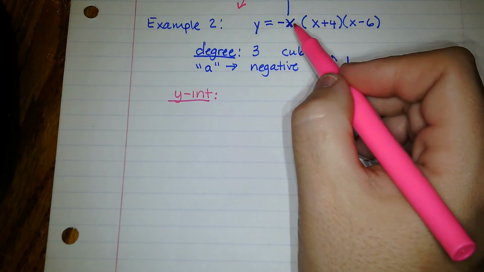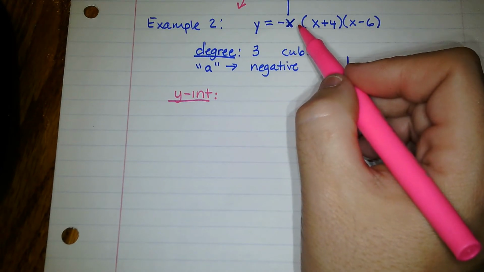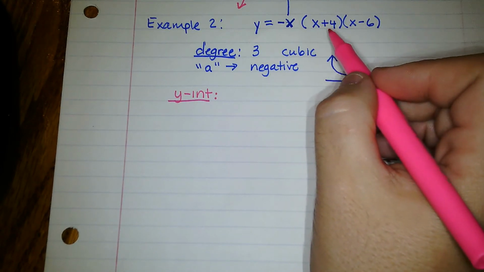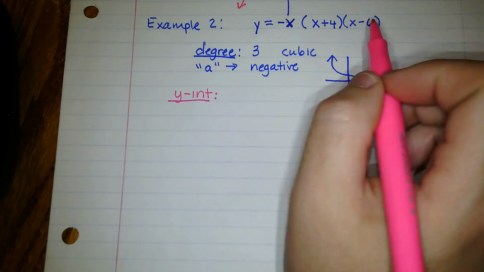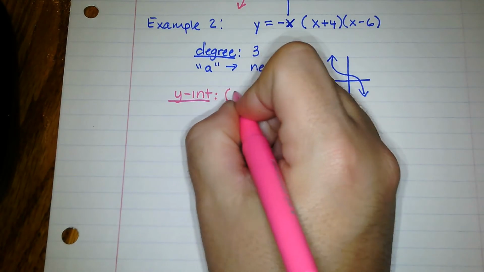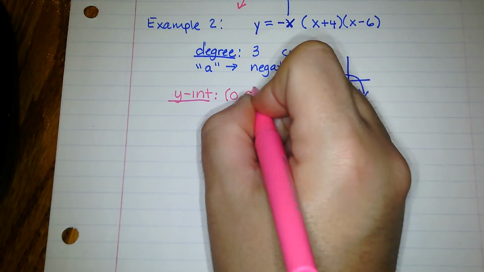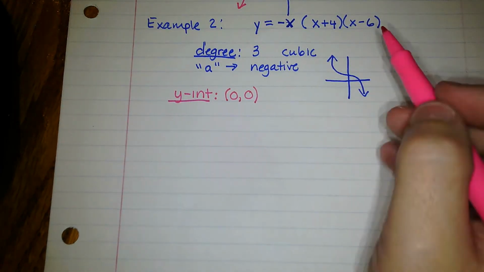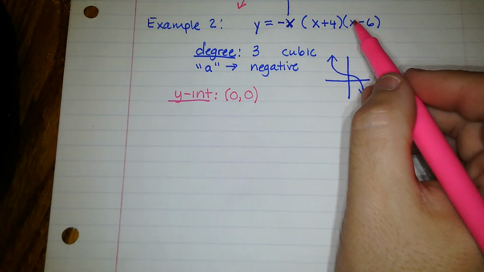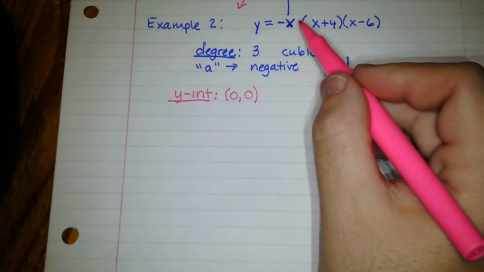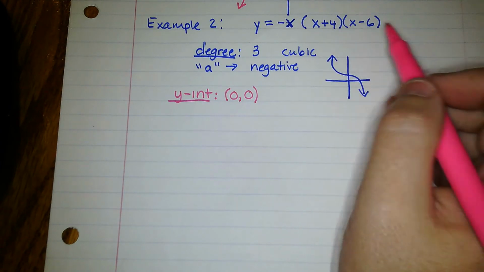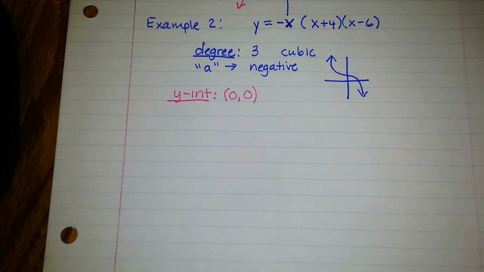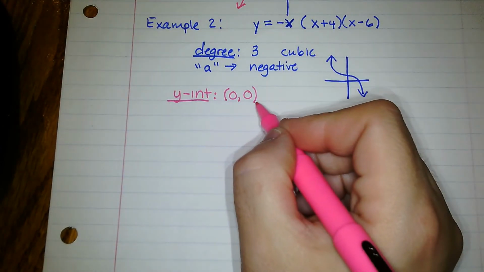See how this is really like the end number would be plus 0? So 0 times 4 times negative 6 is 0. So this one has a y-intercept at 0, 0. Again, you've got the negative 6, you've got the times 4, and there's no number here, so there's really a 0 there. That's where that 0 comes from.